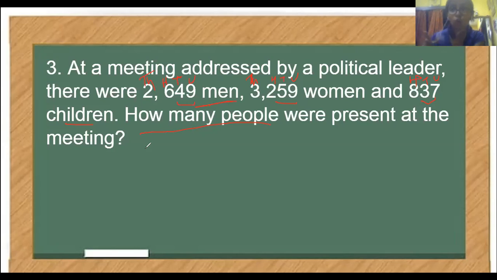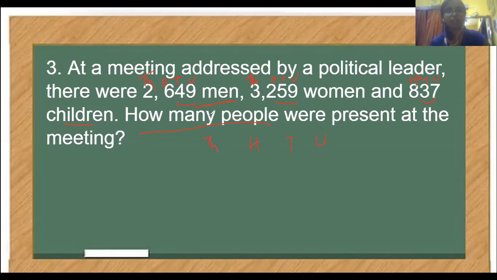So total log, how many people total? How many people are there? What operation are we going to use, friends? जब हम सबको एक साथ इकट्ठा करके जोड़ रहे हैं, what operation are we using? We're using addition, right? So we're going to add here, writing the place values, units, tens, hundreds, and thousands.